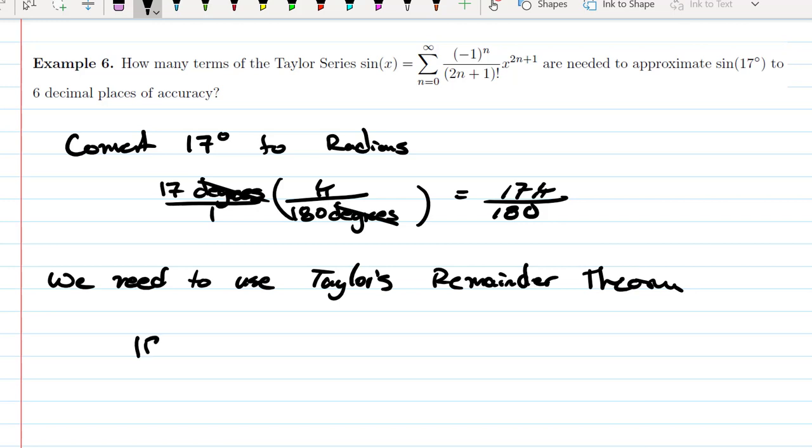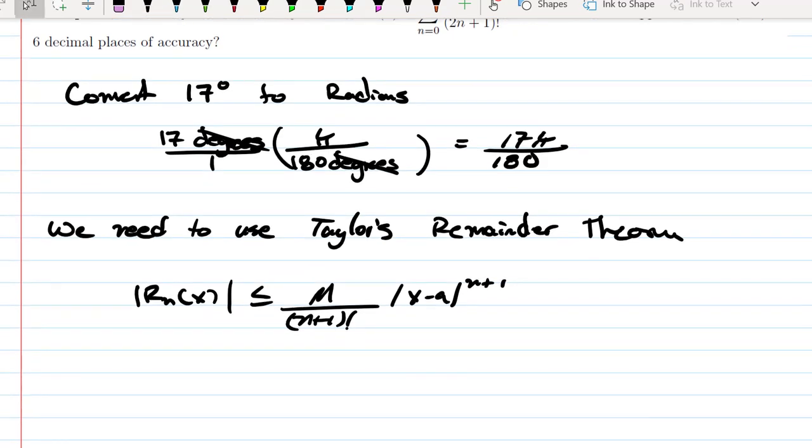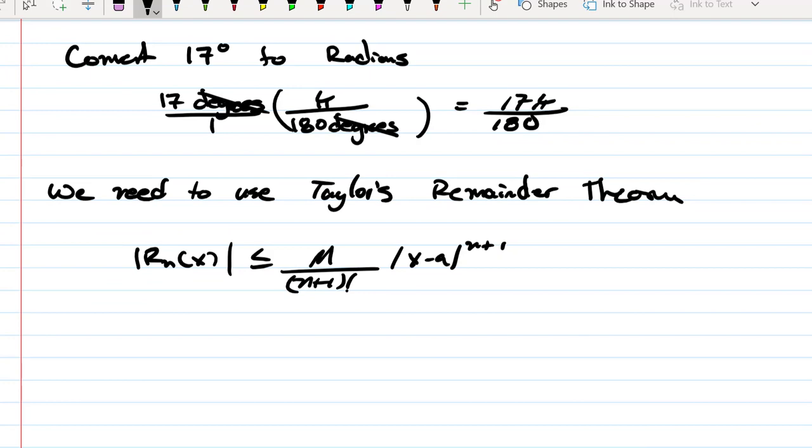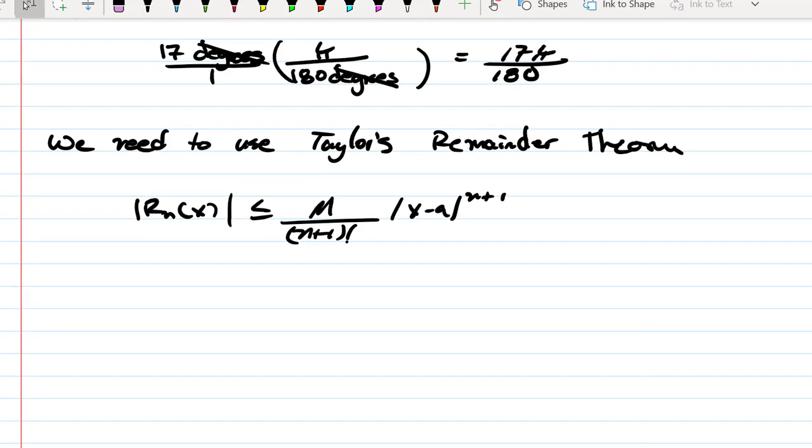So we have the absolute value of the remainder is less than or equal to M over n plus 1 factorial times x minus a to the n plus 1. And M is the maximum of our function. Well, since we're talking about sine, and we know that sine's derivatives are either sine or cosine, the nth derivative of sine is always sine or cosine.